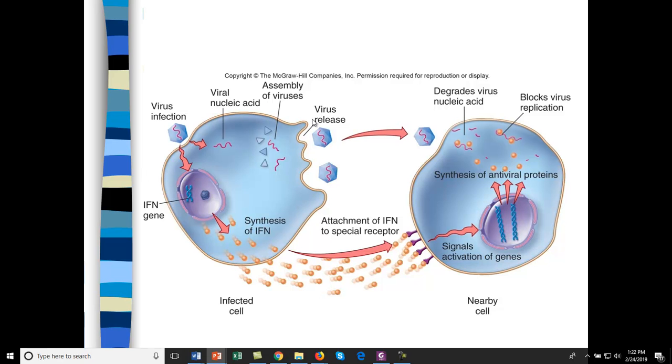Okay, but upon the infection of viruses, this stimulates the production of interferon. Interferon is then secreted, and it will go to neighboring human host cells, and it will allow for the synthesis of antiviral proteins. So it will actually block the virus from being able to invade and take over neighboring host cells. Okay, so the synthesis of antiviral proteins will protect neighboring host cells and prevent the spread of the virus.